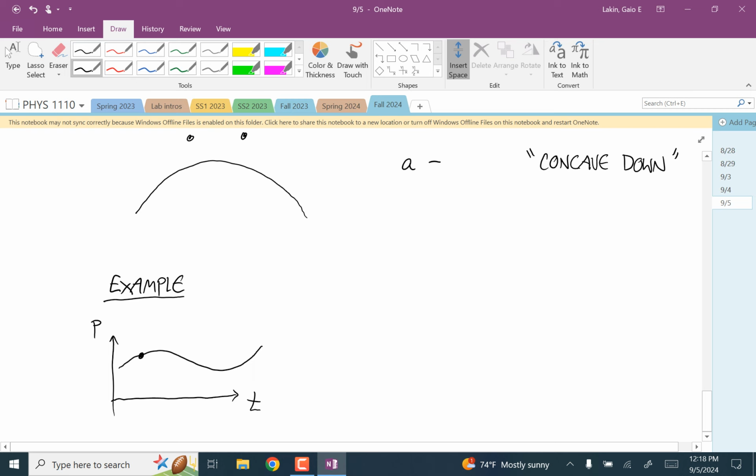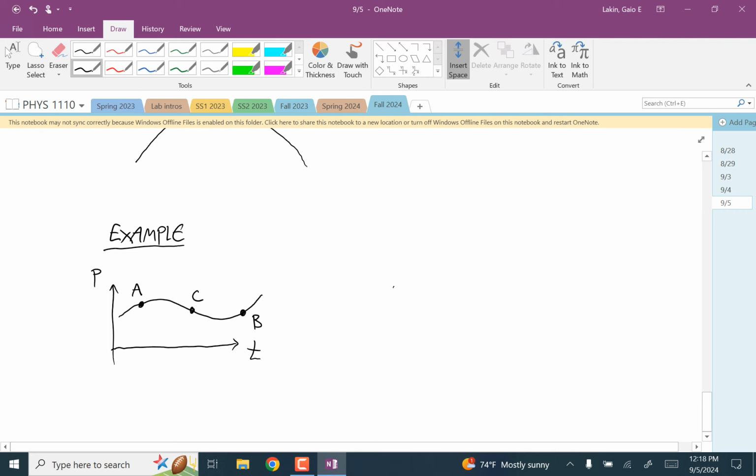The first point is here, we'll call that A. The second point is here, I'll call that B. And then the third point is here in between those two, and I'll call that C. We want to know what are the signs of the accelerations at those points, at A, B, and C.